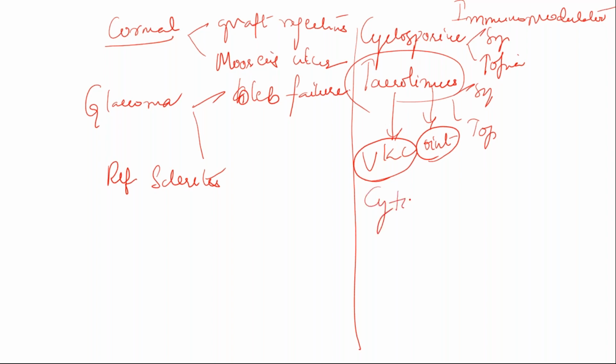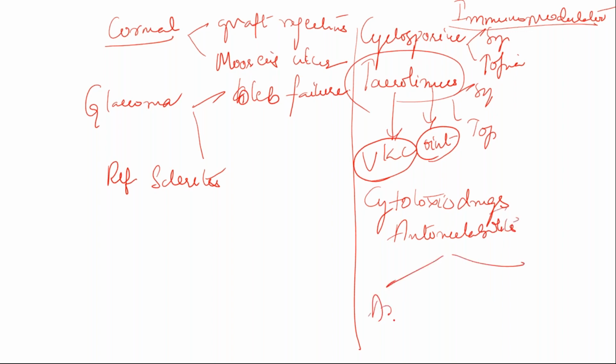Okay, so the second group of drugs is cytotoxic drugs. The first one is immunomodulators and the second one is cytotoxic drugs. Cytotoxic drugs are again divided. The first one is antimetabolites: the first is azathioprine and the second is methotrexate.